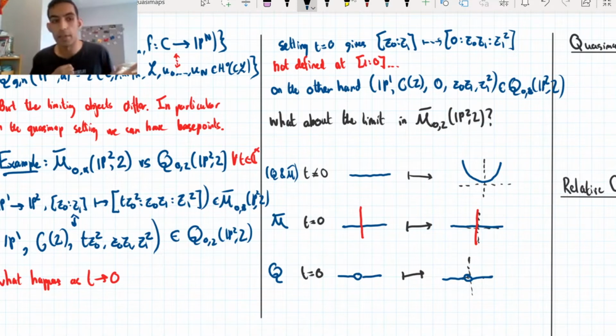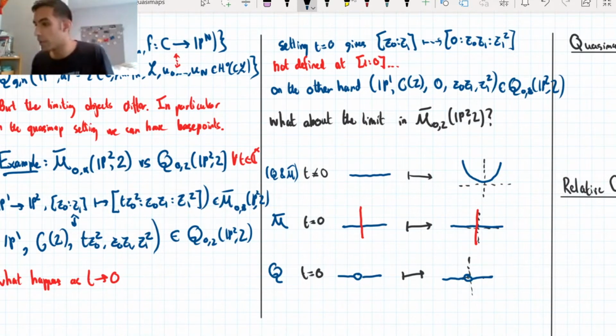The two I wanted to focus on were thinking of curves as maps to projective space versus thinking of them via the line bundle and the sections. In this world of curve counting, where we think in terms of moduli spaces, these give two different approaches. One gives you the moduli space of stable maps, which is an object in Gromov-Witten theory, and the other gives you the moduli space of Quasimaps, so called because the map isn't defined everywhere.